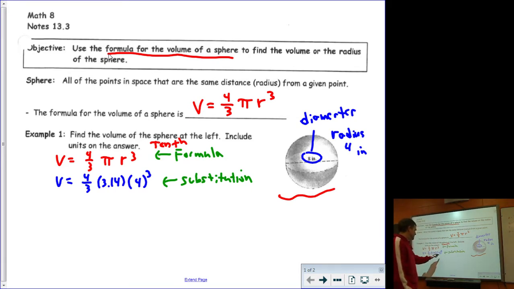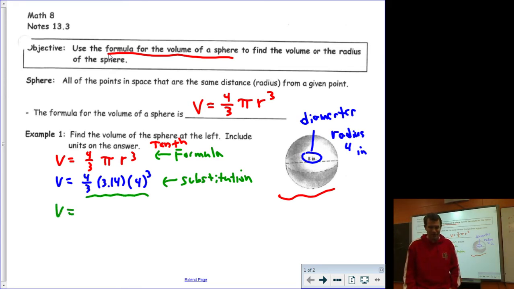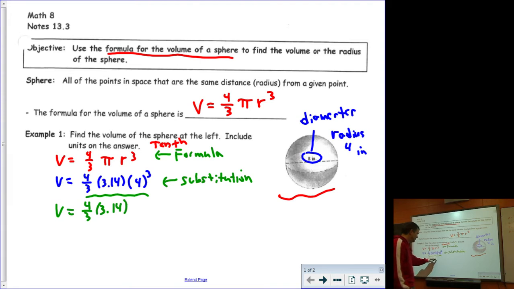You could just type this straight into your calculator, especially if your calculator does fractions well. I will tell you that 4 to the third power is equal to 64, but even that could be typed right into your calculator. 4/3 times 3.14 times 4 to the third power.